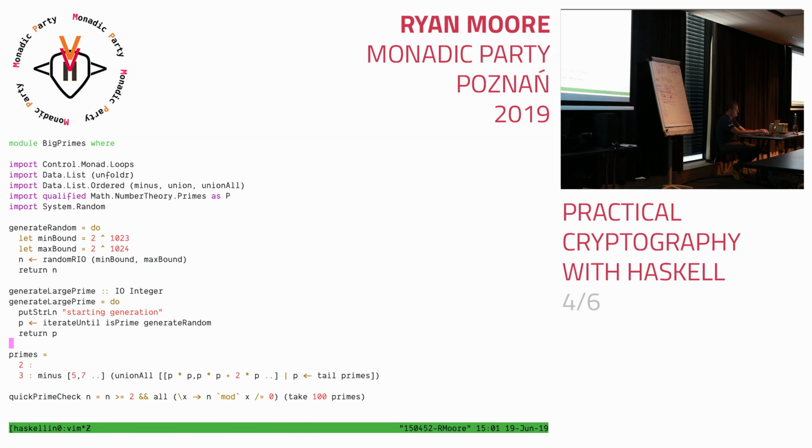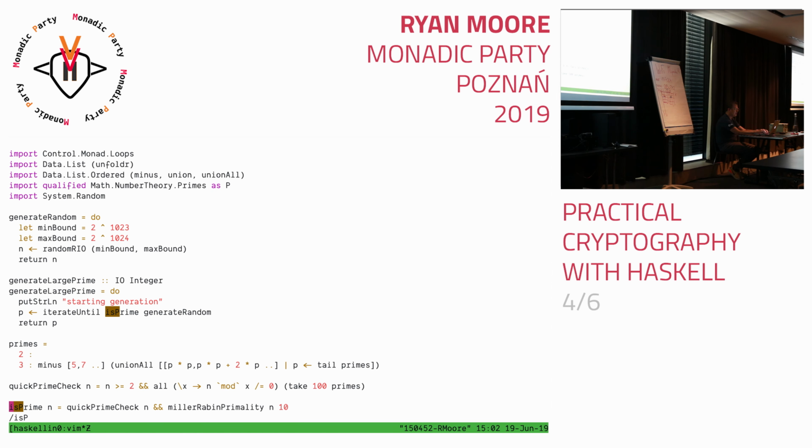So our quick prime check can say, hey, if n is greater than 2 and that n is not and that none of the first 100 primes are a factor of n, and the Miller-Rabin primality check works, then we should be reasonably sure that what we have is in fact a prime.